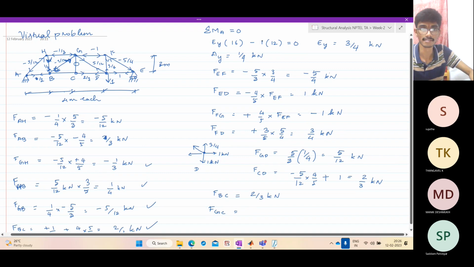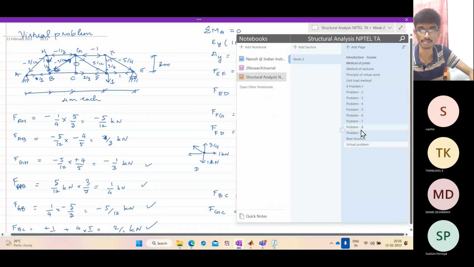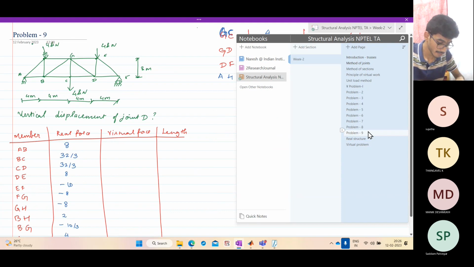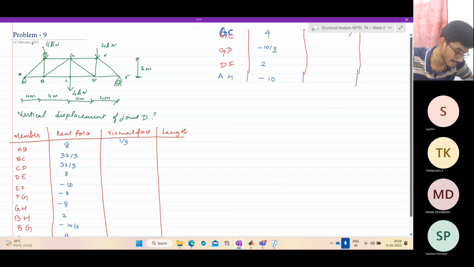So having got all this, let us fill it back into the problem 9 sheet. Let's go step by step. FAB is 1/3 kilonewtons. FBC 2/3 kilonewtons. FCD 2/3 kilonewtons.